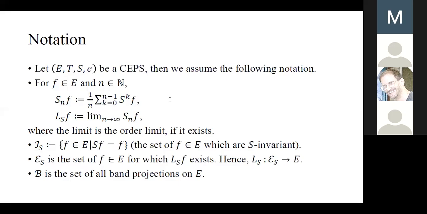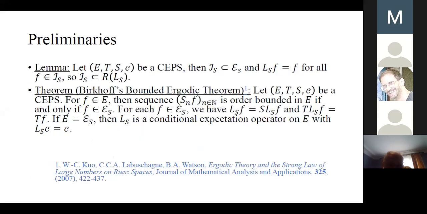So we have that this set IS is contained in ES, and in this case, LSF is equal to F for all invariant F, which means that since LSF is equal to F, we have that F is in the range of this LS, so IS is contained in the range of LS.